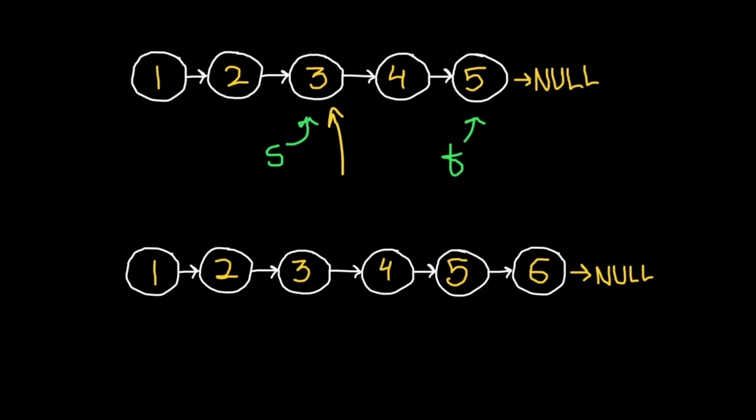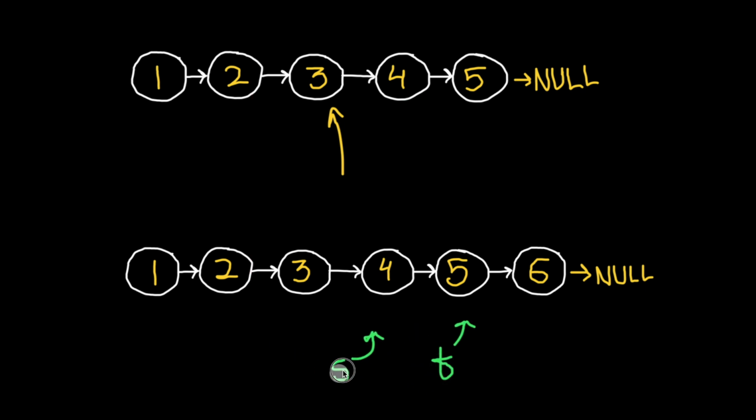Okay. And similarly, if we look at our second example, when the total number of nodes is even, you will see that initially the slow pointer and fast pointer would be pointing to the head of the linked list. The slow pointer moves one step in each iteration, but the fast pointer moves twice. So in the second iteration, the slow pointer will point here, but the fast pointer will point here.